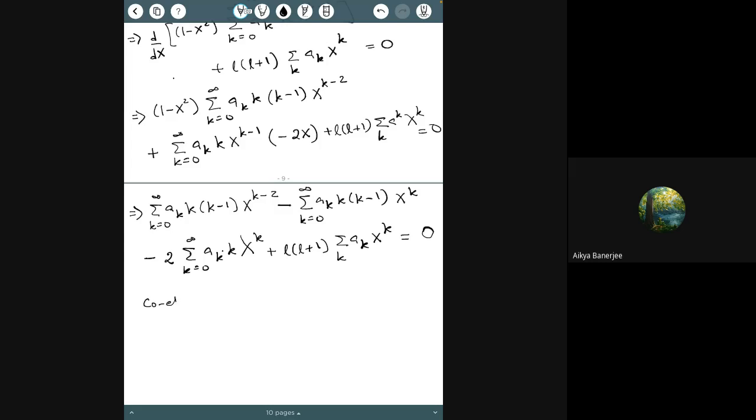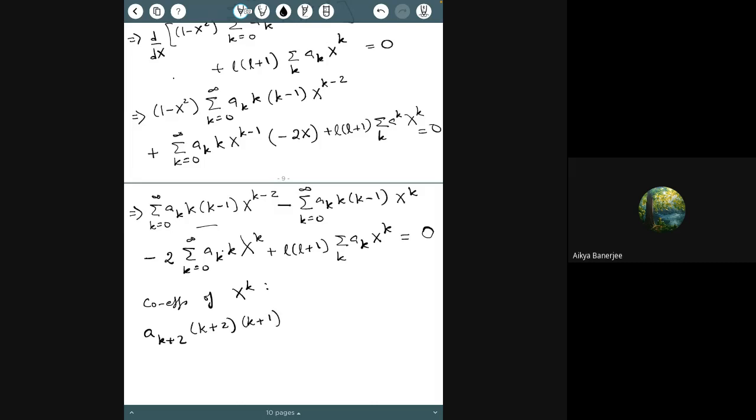I pick coefficients of x to the power k. So from the first term, I get x to the power k when k is replaced by k plus 2. Right? So I will get a_(k+2) times (k+2)(k+1).